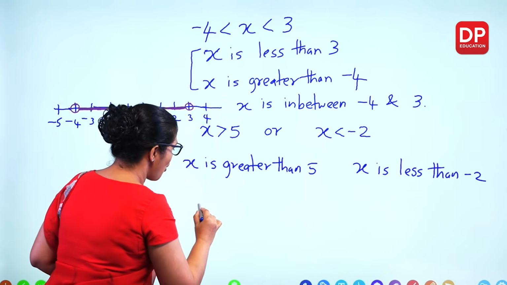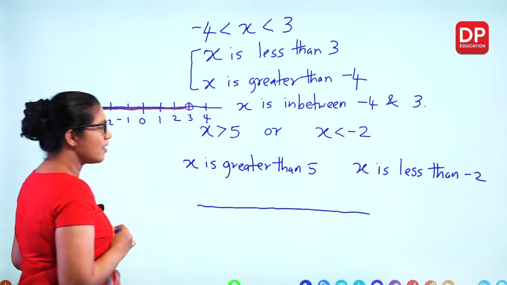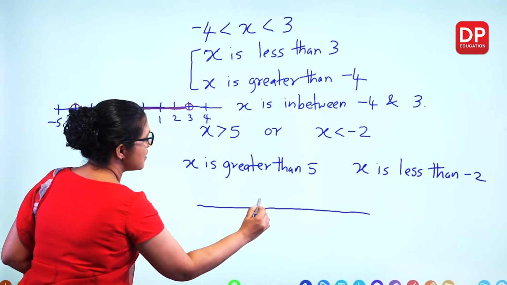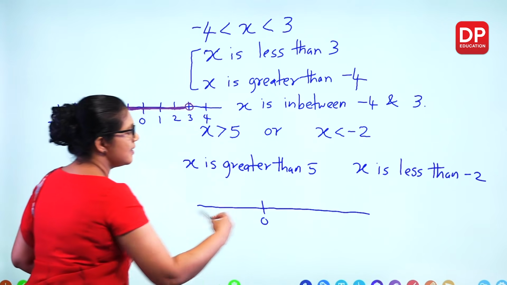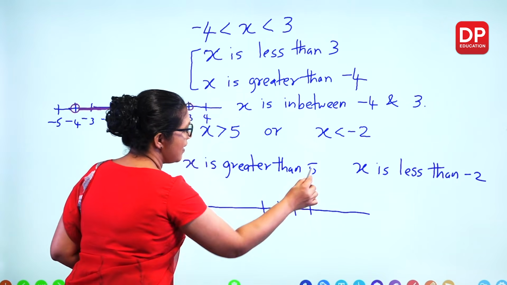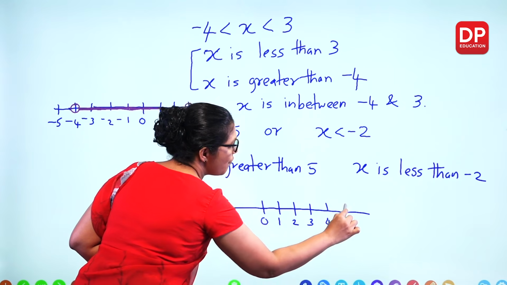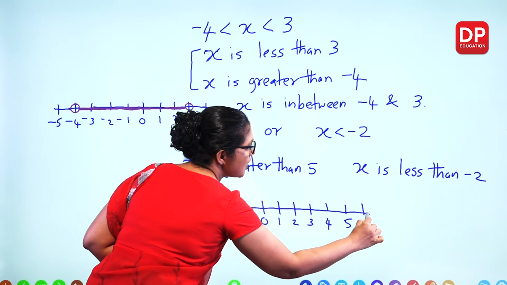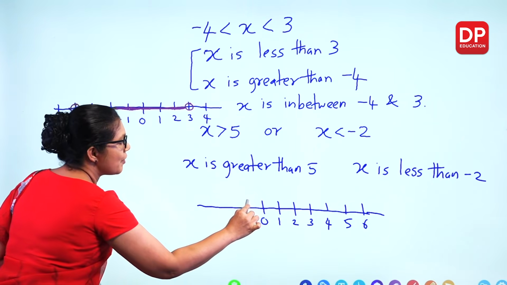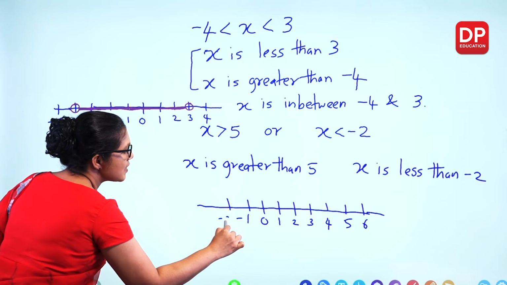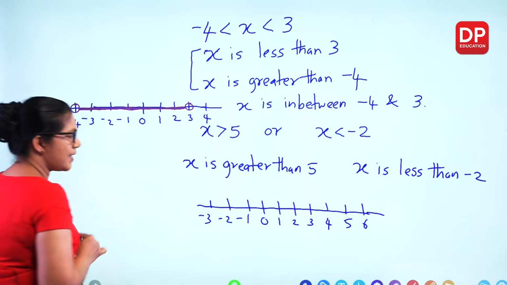Now, we'll try to draw the number line. Draw the line and then mark 0 in the middle. Towards the right side, we have 5, so I have to write 1, 2, 3, 4, 5. I'll put an extra number here, 6. What about this side? We have minus 2, so we'll write minus 1, minus 2, minus 3.